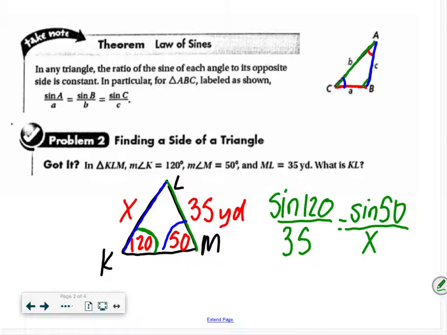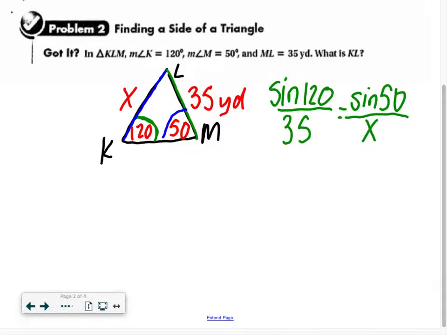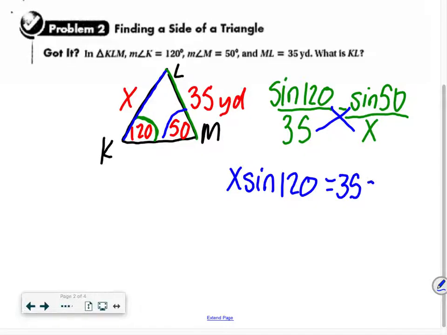Questions here? How do I solve this? Remember how to solve proportions? Cross multiply. Here I get x sine of 120 equals 35 sine of 50.